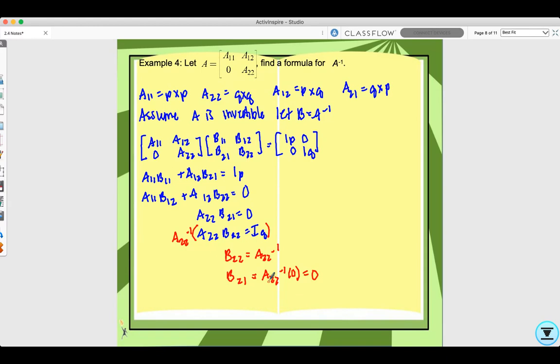Now, A11 times B11 equals the identity matrix IP. Therefore, A11 is invertible by the IMT, the invertible matrix theorem.